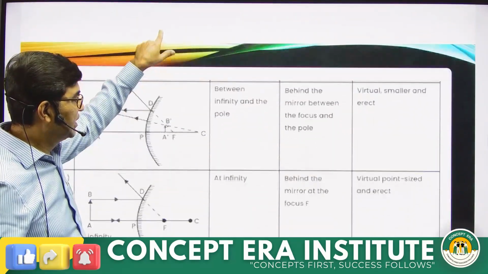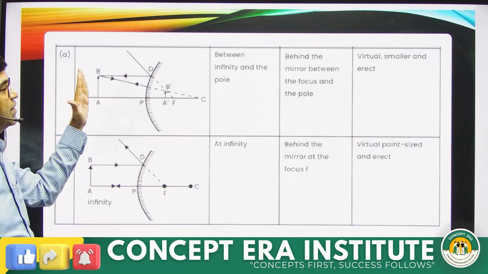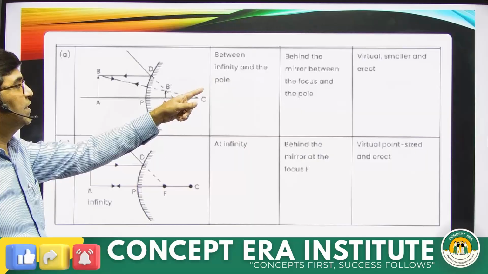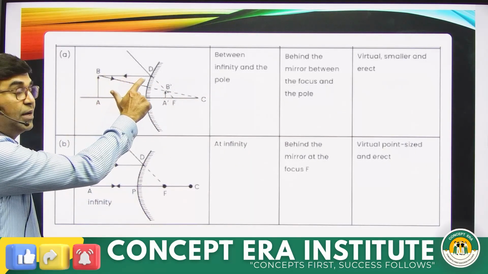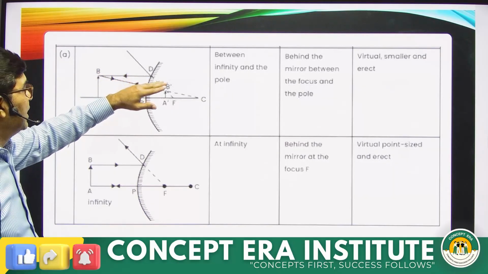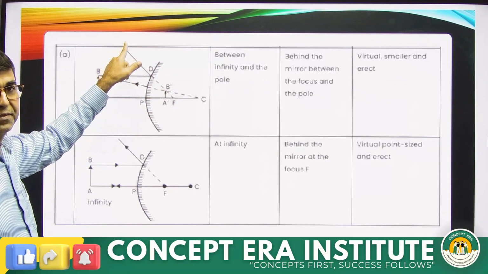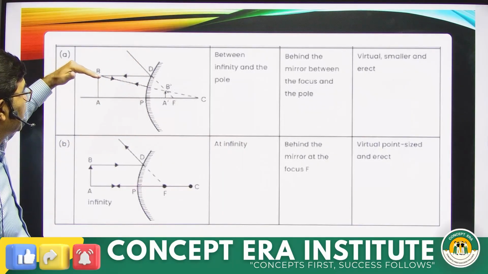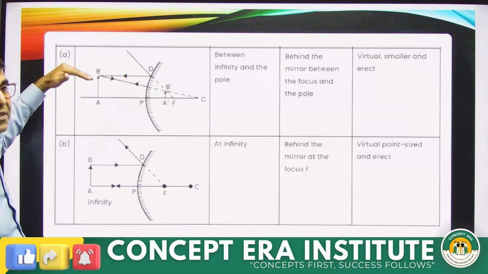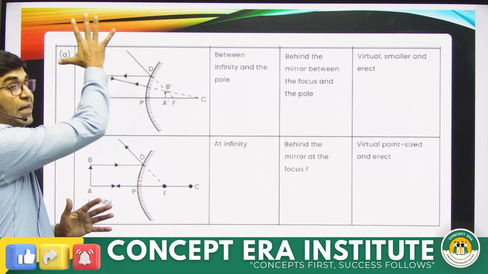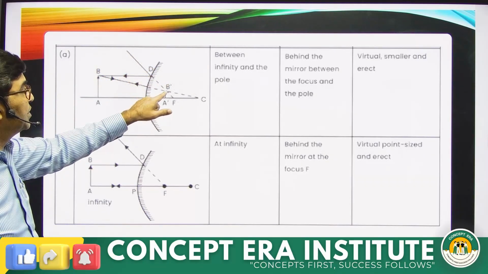These are the ray diagrams to practice. Object is placed at any point between infinity and the pole. A ray going parallel to the principal axis will diverge and will appear to come from the focus. And a ray which is directed towards the center of curvature will retrace its path. So both the rays are actually diverging, but they will appear to come from this point.